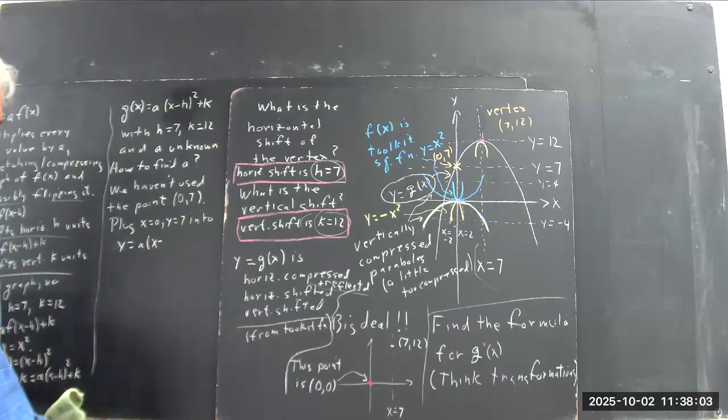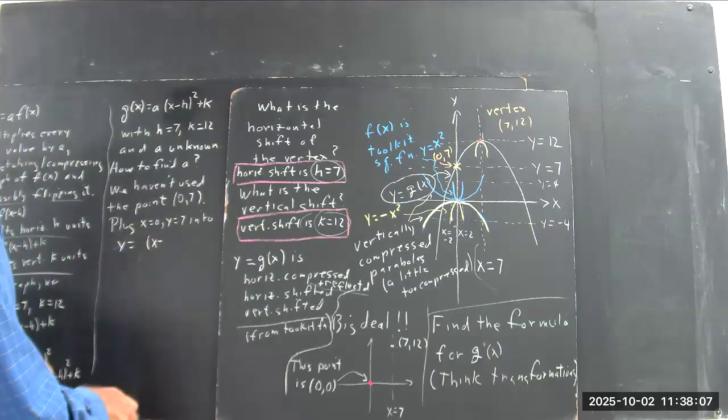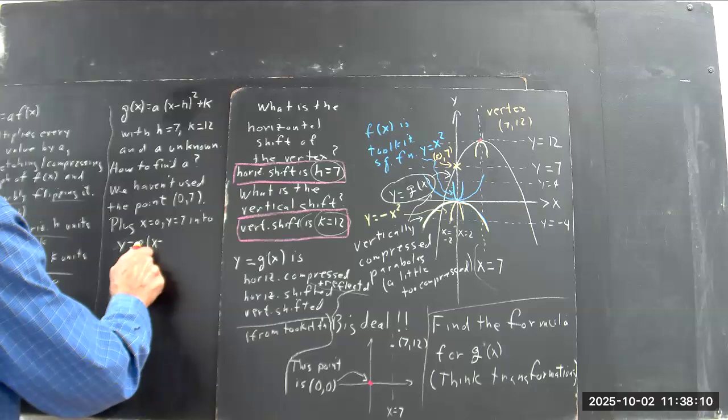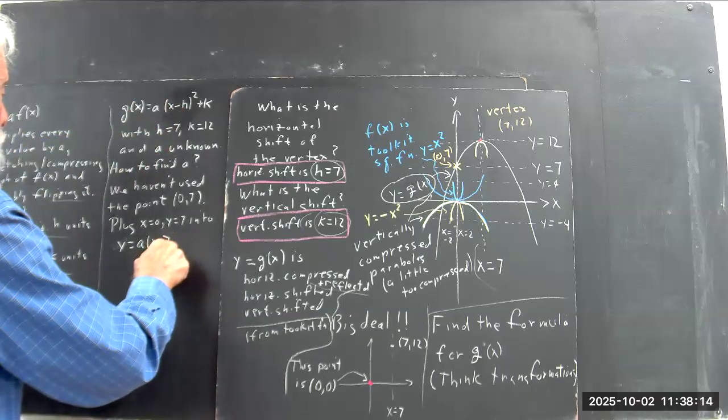We want to plug that into y equals a times quantity x minus h squared plus k. That a was a little small. But now we know h is 7.